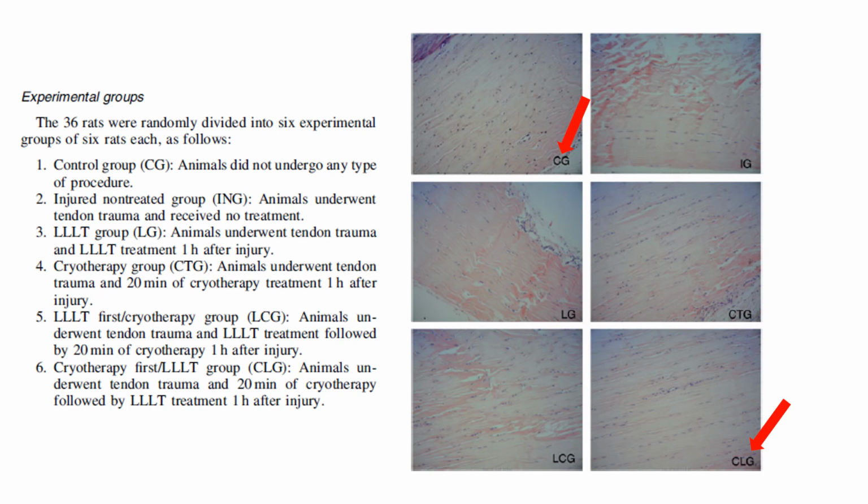And then in the lower right is the group that underwent tendon trauma, followed by 20 minutes of cryotherapy or ice, and then followed by laser therapy treatment 1 hour after injury. And so let me emphasize again, if you are going to use ice on acute injury, use it within that 6-hour window. In this study, they're doing it within 1 hour. And you can notice that group 1 and group 6, virtually identical.